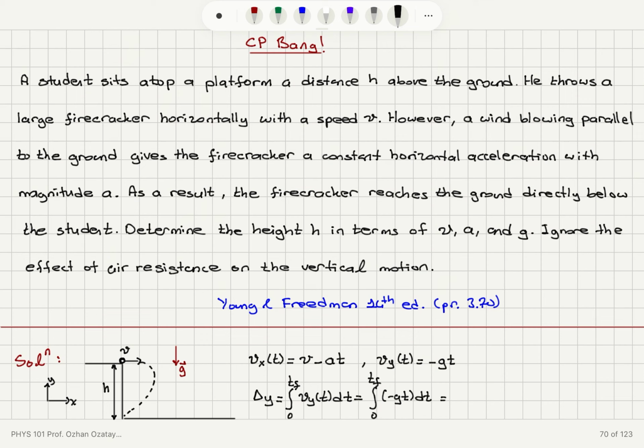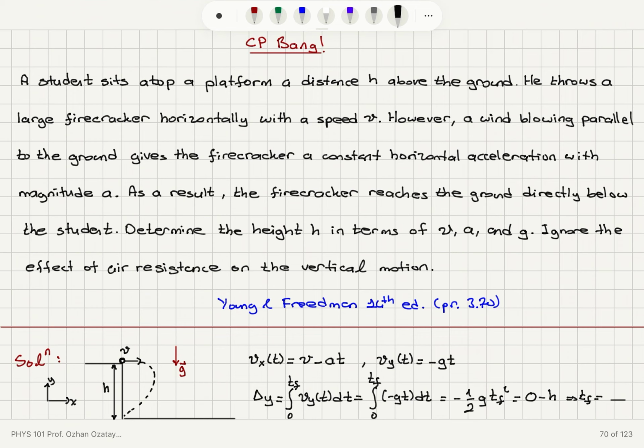So that is minus 1 over 2 g tf squared. And finally we reach 0. Initially we were at h, so it is minus h. Therefore, we find that the time of flight is going to be the square root of 2h over g.